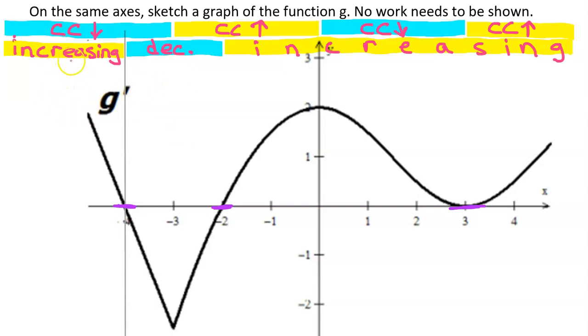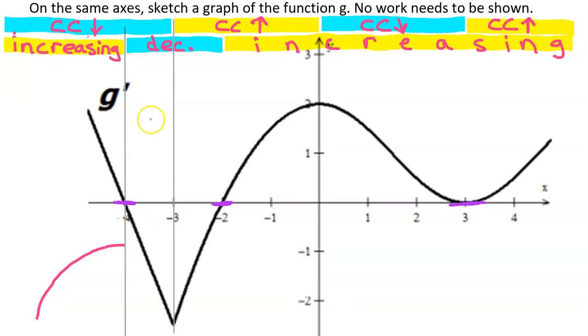For this first interval, function g should be increasing, it should be concave down, and it should end at a horizontal tangent line. So here we go. It's increasing, concave down, and it's going to end at a horizontal tangent line.